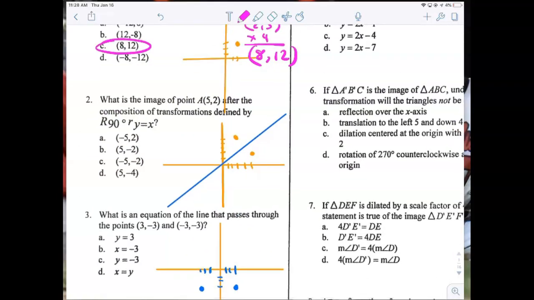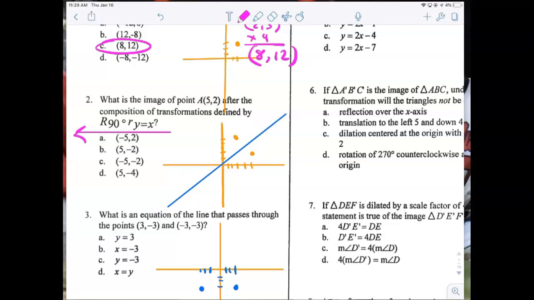Number 2. What is the image of point A, (5, 2), which I have marked right here, after a composition of transformations right here? Now remember, when the function notation is used, you always have to go in reverse order. So we're going to do this one first. Y equals x is this diagonal line that goes through the origin.